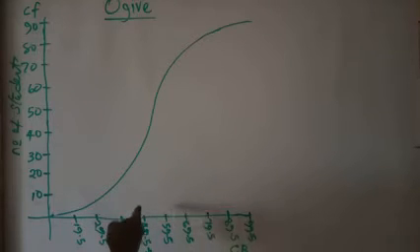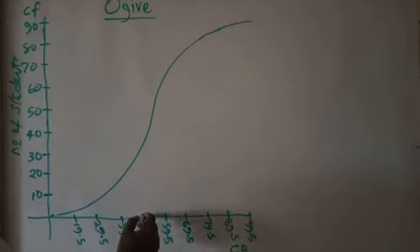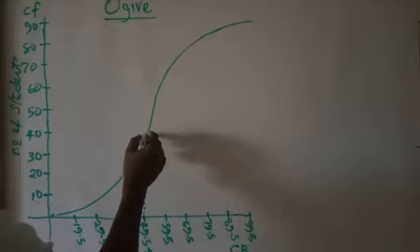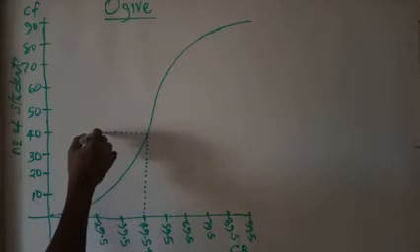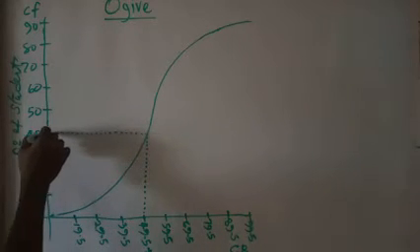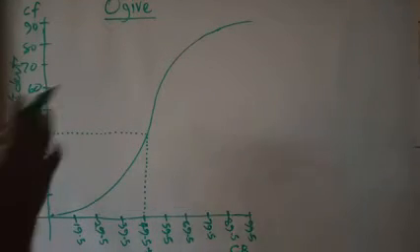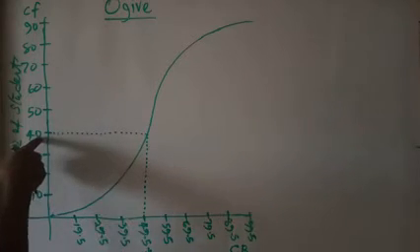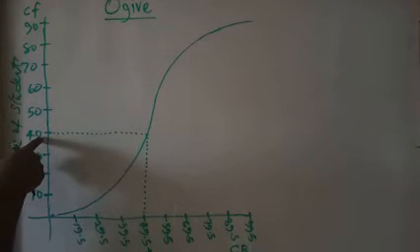Do not forget, anywhere you put your hand. So all you need to do is to put your ruler and draw. When it touches the curve, keep moving, and that is it. So in this diagram, the number of students that scored at most 49.5 is 40.